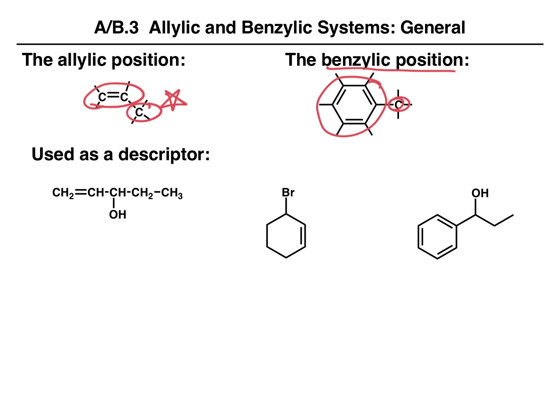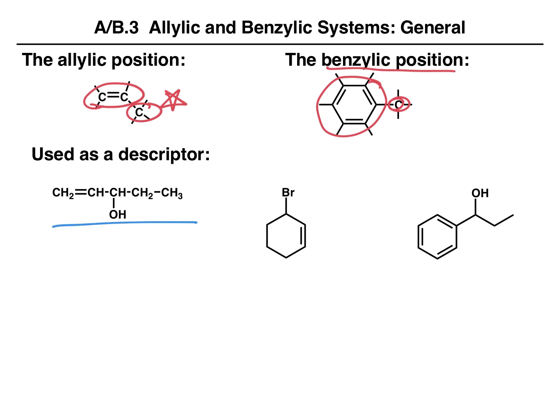So the terms allylic and benzylic can also be used as a descriptor. This compound is not just allyl alcohol, because allyl alcohol would have the alkene and then a CH2OH, but this has something else connected to it as well.